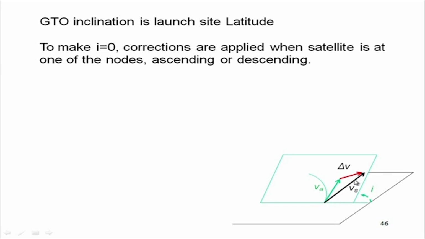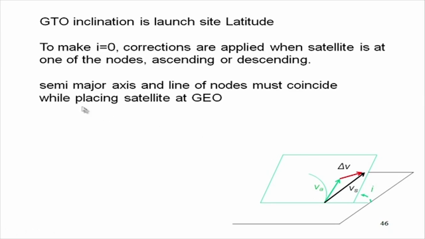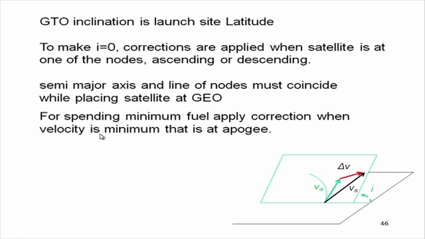So, you can form a triangle and find out the delta V that is required, which will equal the square root of Va square plus Vs square minus 2 Va Vs cos of I. For spending minimum fuel, the velocity for correction has to be minimum, so at apogee this thing is fired.